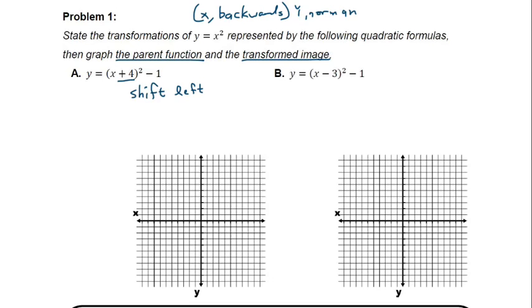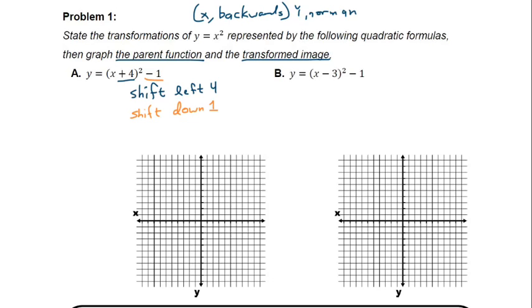Shift left 4. And then you've got the minus 1 on the outside. Again, you're adding or subtracting, so that's a shift. It's outside, so is it going up 1 or down 1? Well, you're subtracting. Subtracting is down. So down 1 unit.